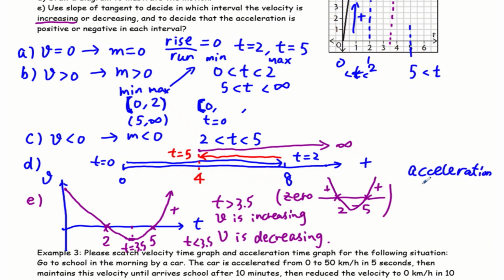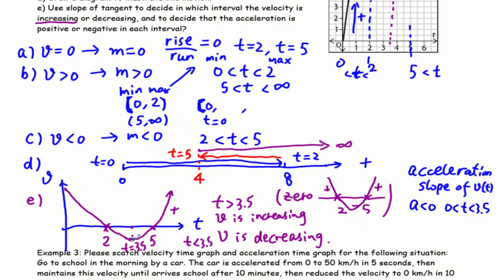For acceleration, what we are looking for is the slope of v versus t. If the slope is negative, then the acceleration is negative. So a less than 0 is from 0 to 3.5.